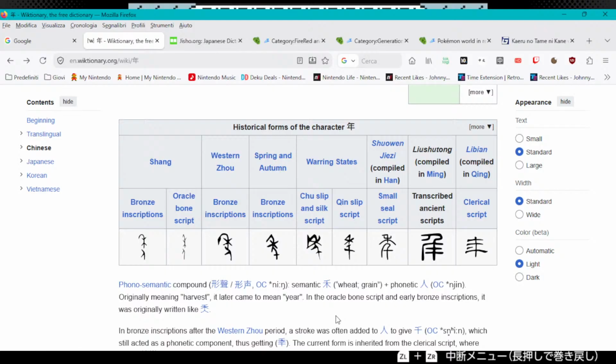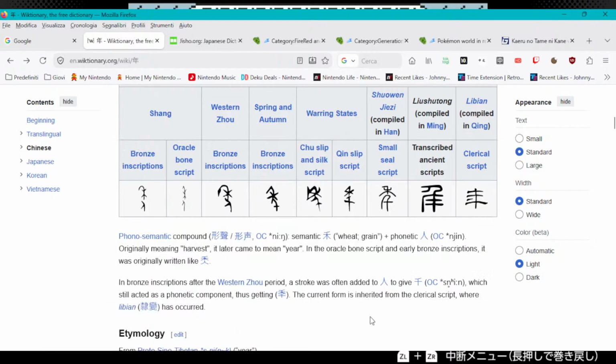But then we had the evolution of the kanji, of the written form. And instead of using the kanji for person as the phonetic, we used the one for 1000, we have now studied, still acted as a phonetic component, and it's actually more convenient for us in Japanese because, as we have seen, it's pronounced sen.